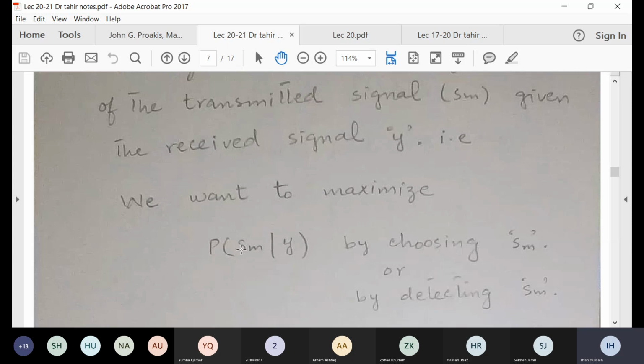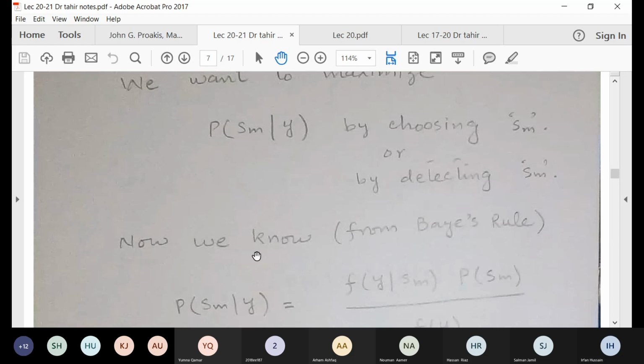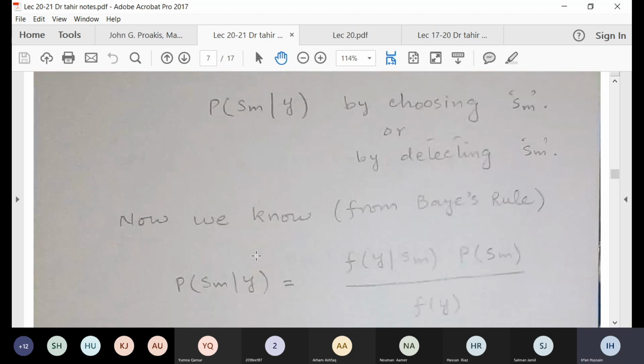It could be probability of S1 given y, it could be probability of S2 given y, and we have to compare which of the probabilities is greater, whether P of S1 given y is greater or whether P of S2 given y is greater. Whichever is greater, we will choose that symbol because it has more probability. So we want to maximize this by choosing an appropriate Sm. Therefore, given y, we get that Sm that maximizes the probability.